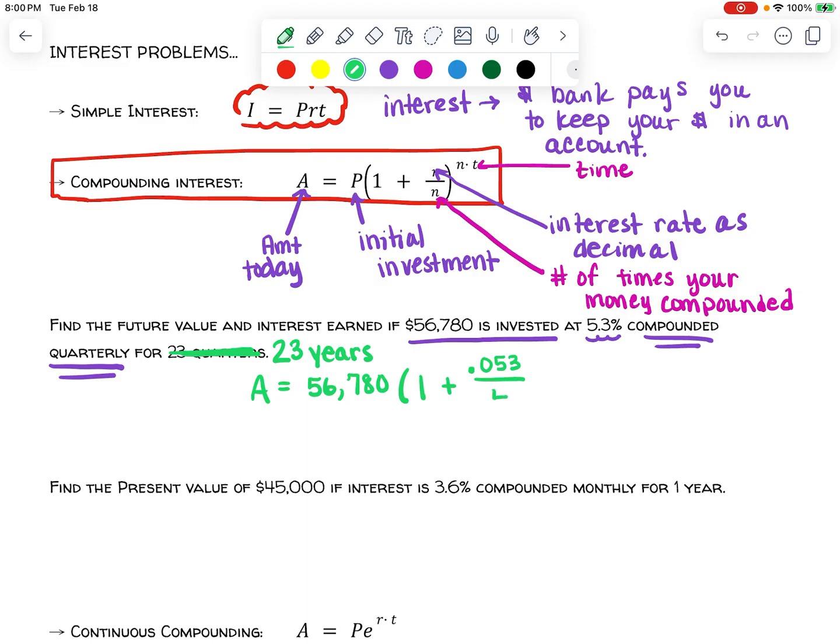Quarterly means 4 times per year. And then your N up here is again 4 times. And then the time is going to be 23 years.